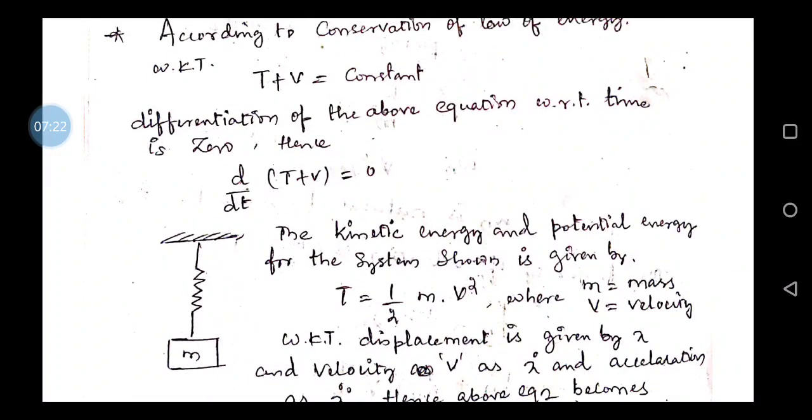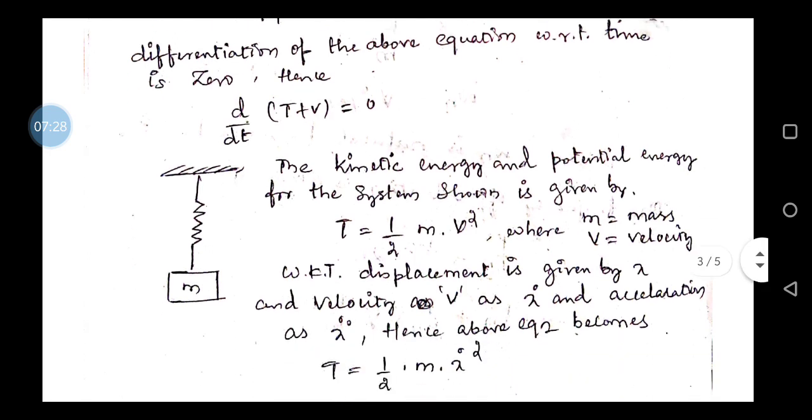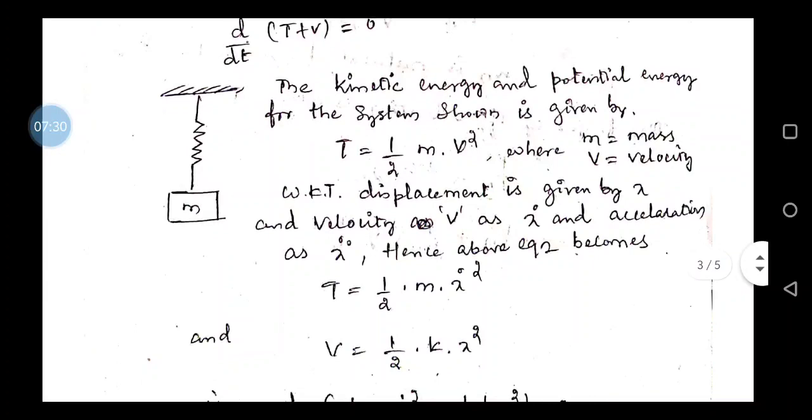Differentiating the above equation with respect to time is 0, hence d by dt of T plus V is equal to 0. The kinetic energy and potential energy for the system shown beside here, that is nothing but a spring mass system, are given by: the kinetic energy T is equal to half into m into v square, where m is the mass and v is the velocity.